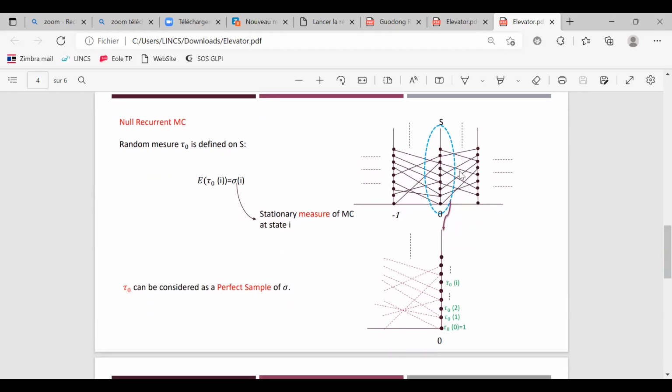Using the properties of this random graph and the fact that it is null recurrent, we prove that this set is infinite and that the measure we define is locally finite. It has this property, and it can be considered as a perfect sample. And we define another dynamics and other measures. It is not the only measure that we define with respect to the null-recurrent Markov chain.